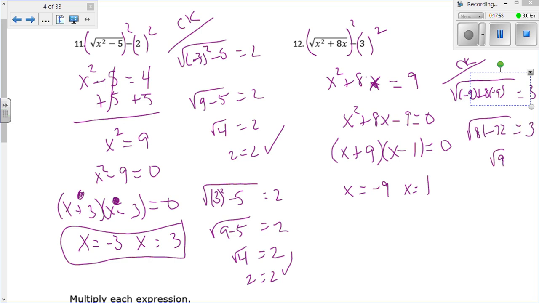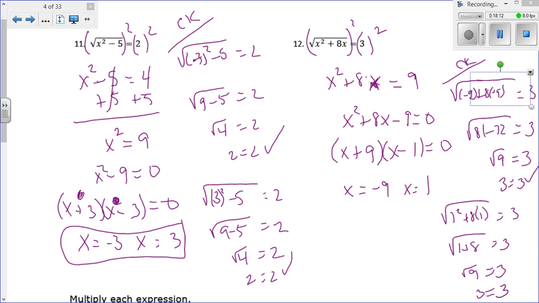So when I subtract, I get 9. Square root of 9 is 3, so 3 equals 3. So negative 9 works. And then I will have 1 squared plus 8 times 1 equals 3. So I'll get 1 plus 8 equals 3. This is promising. The square root of 9 equals 3. So 3 equals 3. So they both check. So they both work.